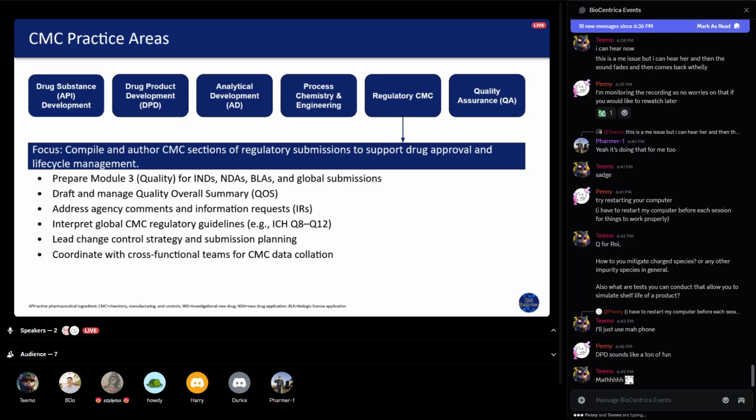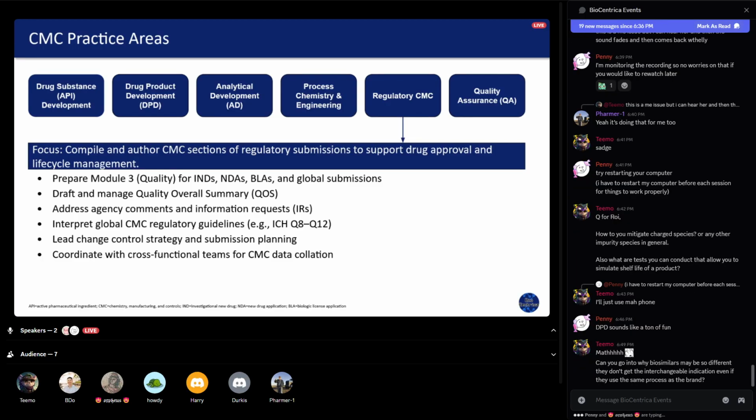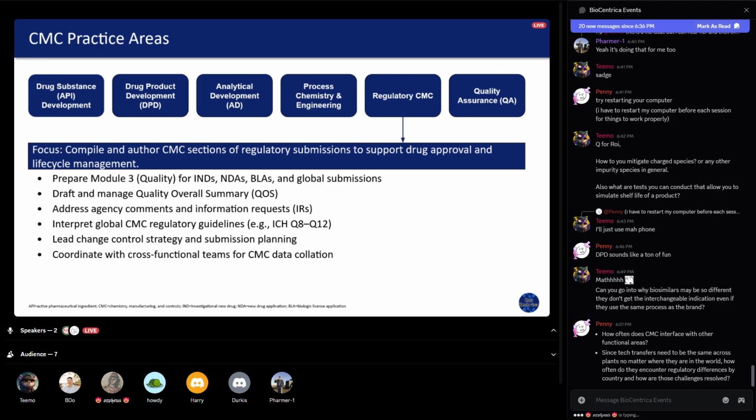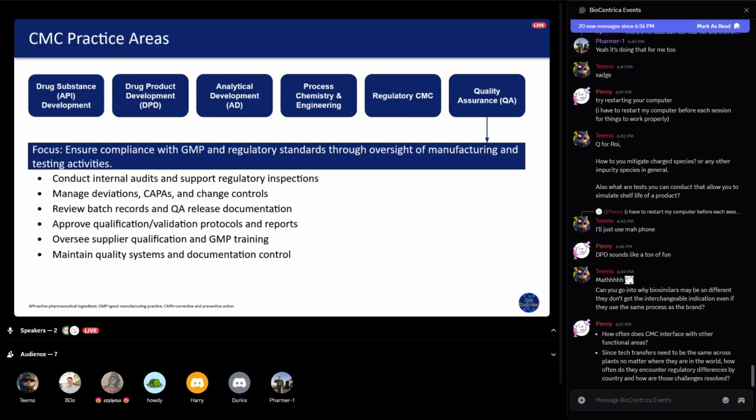And they need to essentially submit this particular module to health authorities. They'll do a lot of communicating with regulatory agencies, so the IRs, they look at regulatory guidelines, submission planning, and they are essentially coordinating everything with cross-functional teams and any data collection with CMC.